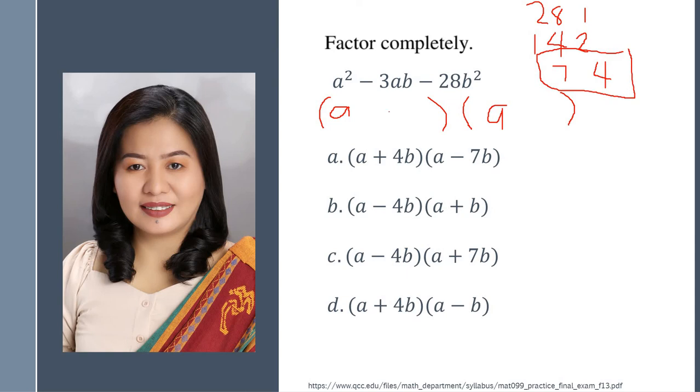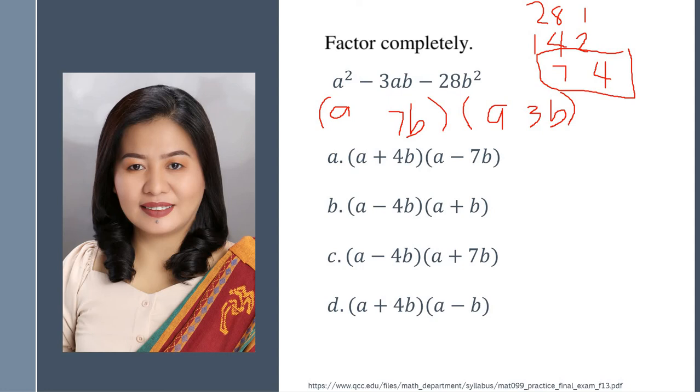So you will have 7b and 3b. So to determine the signs, this is negative. So the last term is negative. It means 7b and 3b will have a different sign.